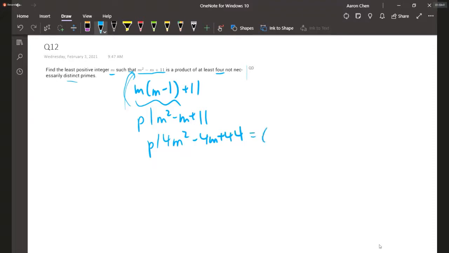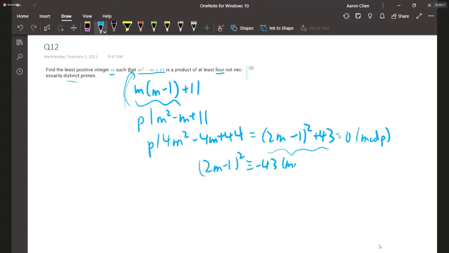And so this is also equal to 2m minus 1 squared plus 43. And so if we turn this into modular arithmetic, it just means that this is congruent to 0 mod p. And so this means that 2m minus 1 squared is congruent to negative 43 mod p.